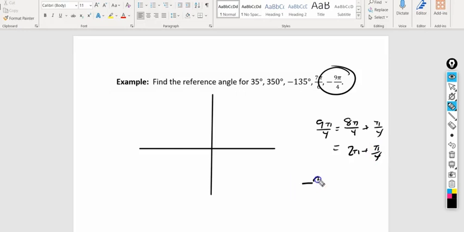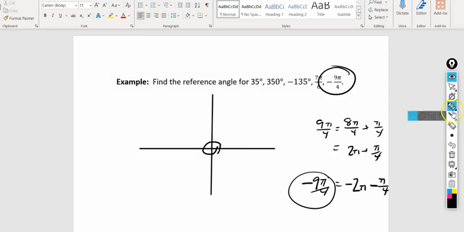So negative 9 pi over 4 is going to be a full rotation in the negative direction, and then a further pi over 4 in the negative direction. So that's negative 2 pi, clockwise, then a further pi over 4 in the negative direction.